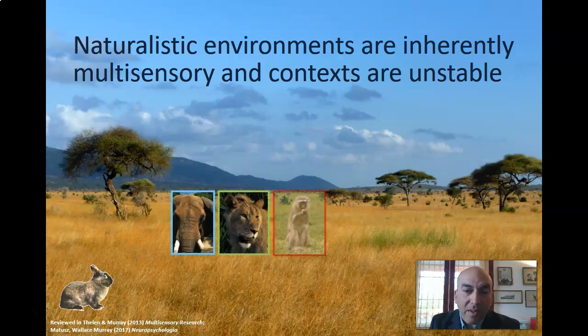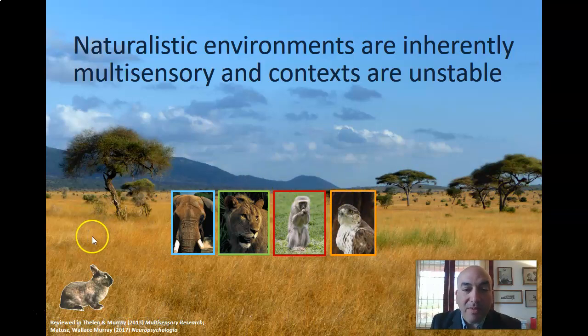The question that we wanted to address is whether the bunny in this case, or the participants in the lab, would differentially respond to the elephant, lion, monkey, and hawk depending on how they initially experienced these events as unisensory, multisensory and semantically congruent, multisensory and semantically incongruent, or multisensory and effectively meaningless.